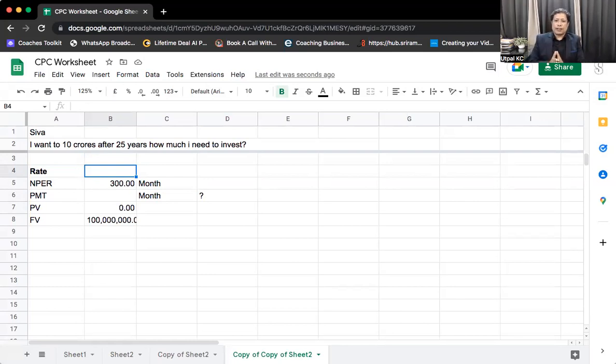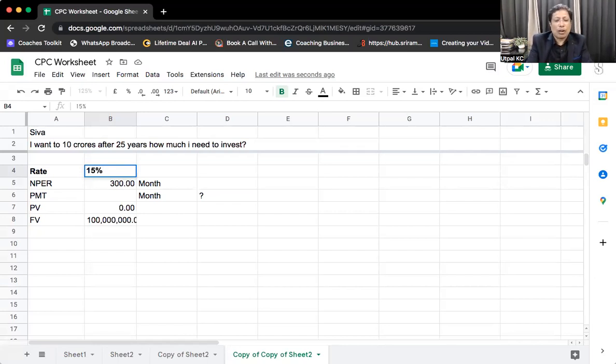Siva, you tell me. As I said, for Junjunwala it is 100%, for me it is 20%, for my students the minimum is 12%, for somebody 15%. So you'll be able to get 15% per annum. But we need per month.